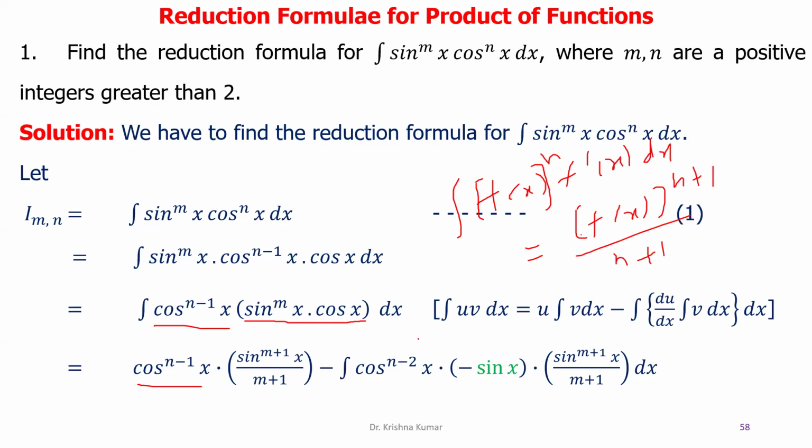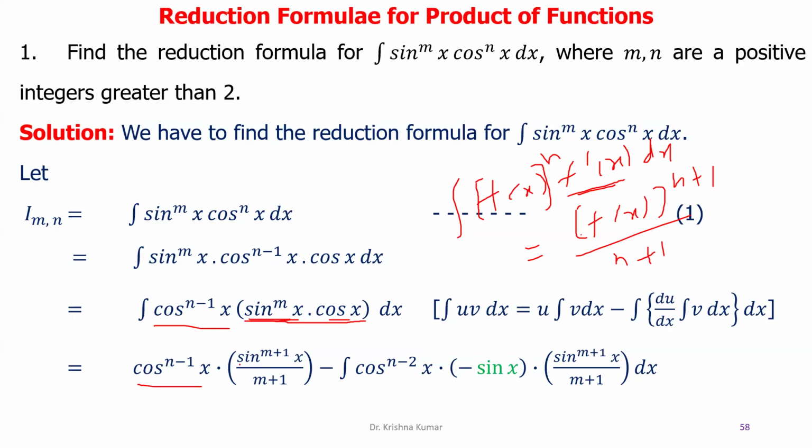Here, the derivative of sine x is cosine x, so this is f dash of x. And this will become sine to the power m x, or t to the power m with respect to t. So what is the integration of t to the power m? It is nothing but t to the power m plus 1 upon m plus 1.